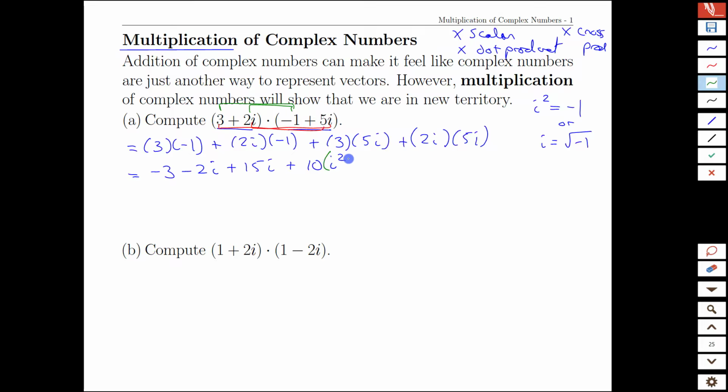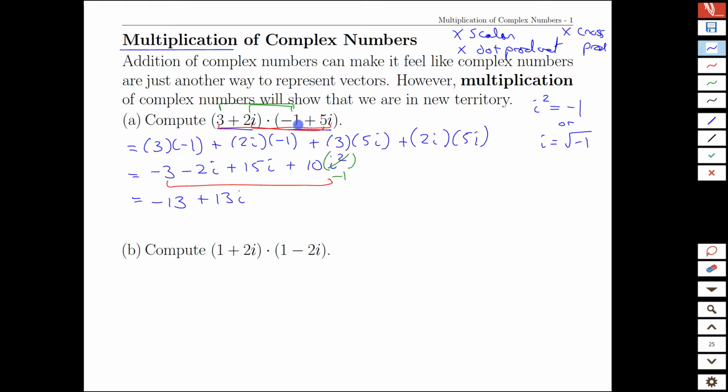Now what we're going to do with that is not keep having higher and higher powers of i. That gets turned into a negative 1, and so that becomes an all-real term now. As an all-real term, it can get gathered with the negative 3 we had before, so we have negative 3 minus 10, so we're going to have negative 13, and then plus 13i.